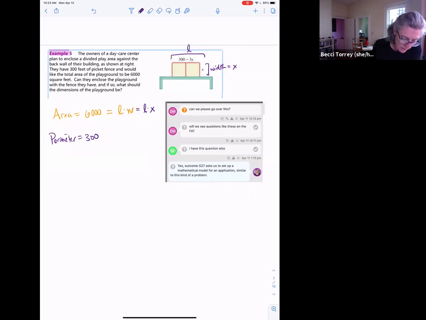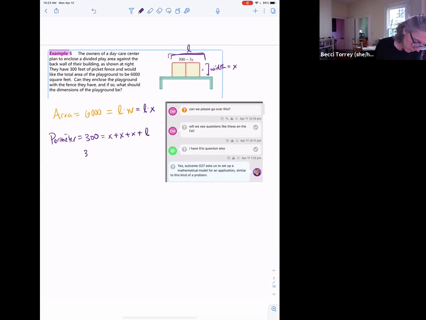And so we need to figure out how much do we have here. So if the width over here is X, that means we need fence for this part and for this part and for this part. So that's X plus X plus X, that's the 300, plus this other part up here, which is our length.